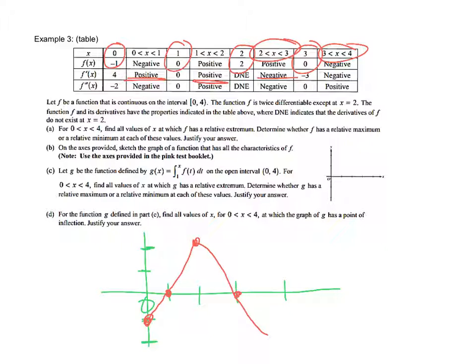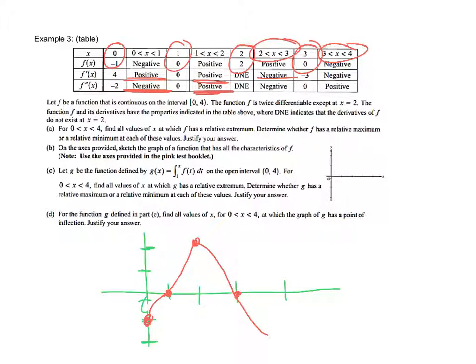Now let's check the concavity before we move on. Looking at the second derivative, f double prime is negative between 0 and 1. That means that it's concave down. So I'm going to fix this little line here. It should be a little bit more curved to be concave down. And then between 1 and 2, it's concave up.